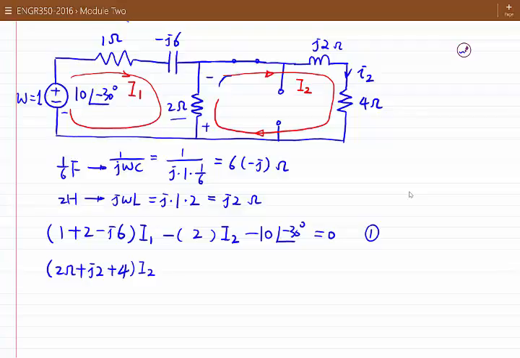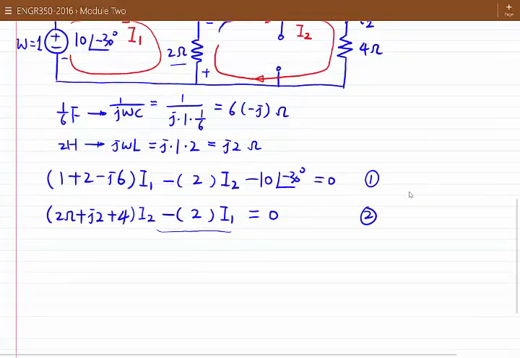So this is total impedance in mesh 2. So minus the sum of the impedance in common to mesh 1 and mesh 2. The impedance in common to mesh 1 and mesh 2 is 2 ohm. So times I1. So this term is the corresponding voltage in mesh 2 due to mesh 1 current. Because we don't have any sources in mesh 2, it is equal to 0 directly. So this is equation 2.